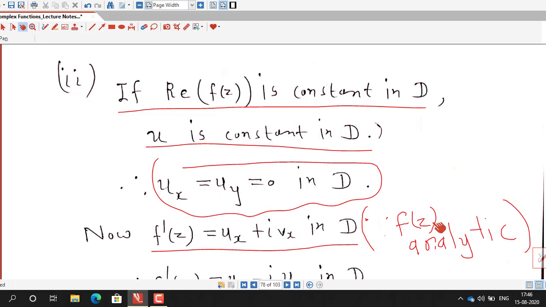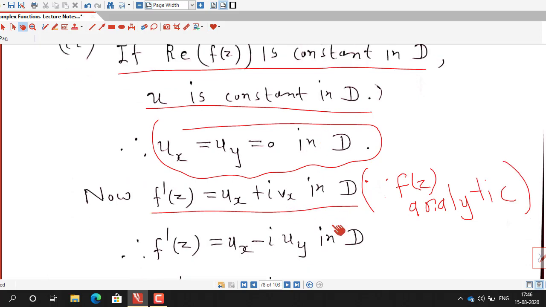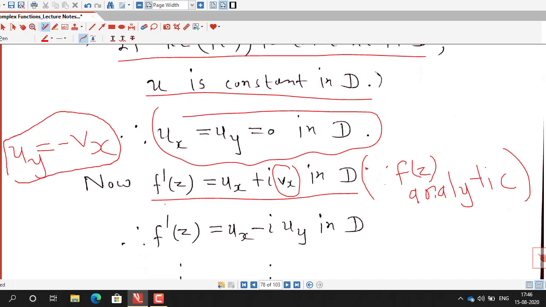Now again f of z is analytic, therefore u and v will satisfy Cauchy-Riemann equations. So we can use second Cauchy-Riemann equations, uy equal to minus vx. So we replace this vx by minus uy using this Cauchy-Riemann equation.